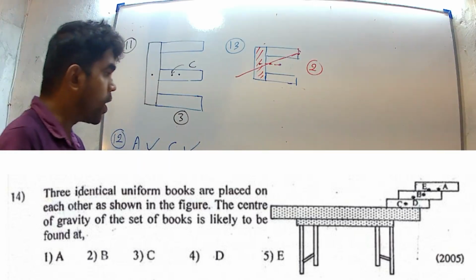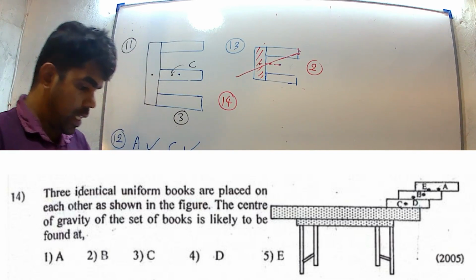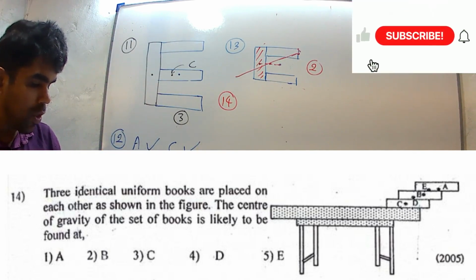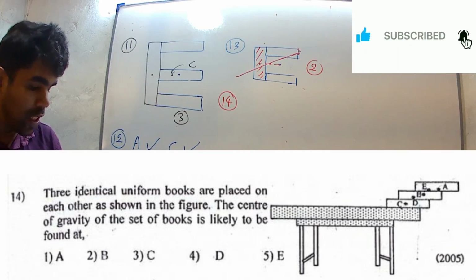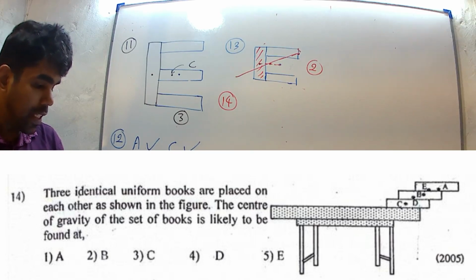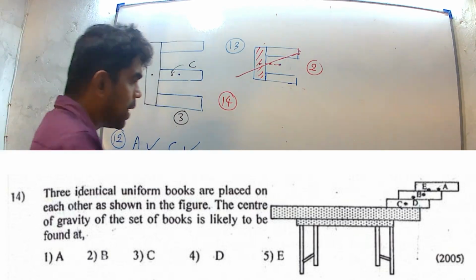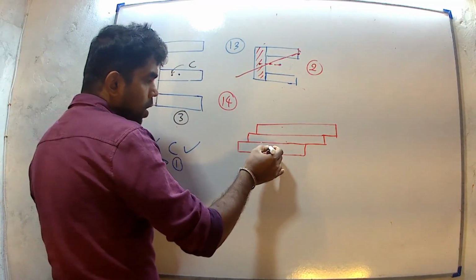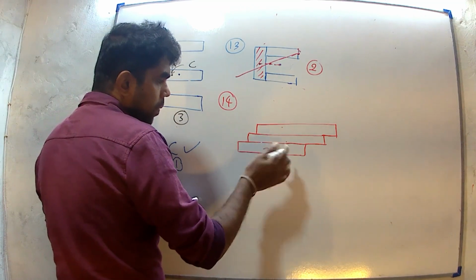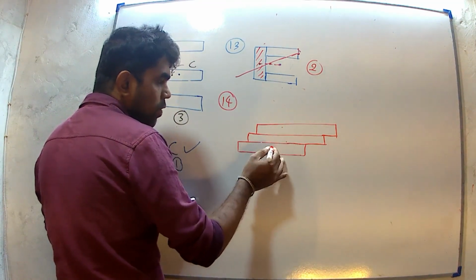Then question number 14. Identical uniform books are placed on each other as shown in the figure. The center of gravity of set of books is likely to be found at. There are 3 books. Center of gravity of this book should be this one.